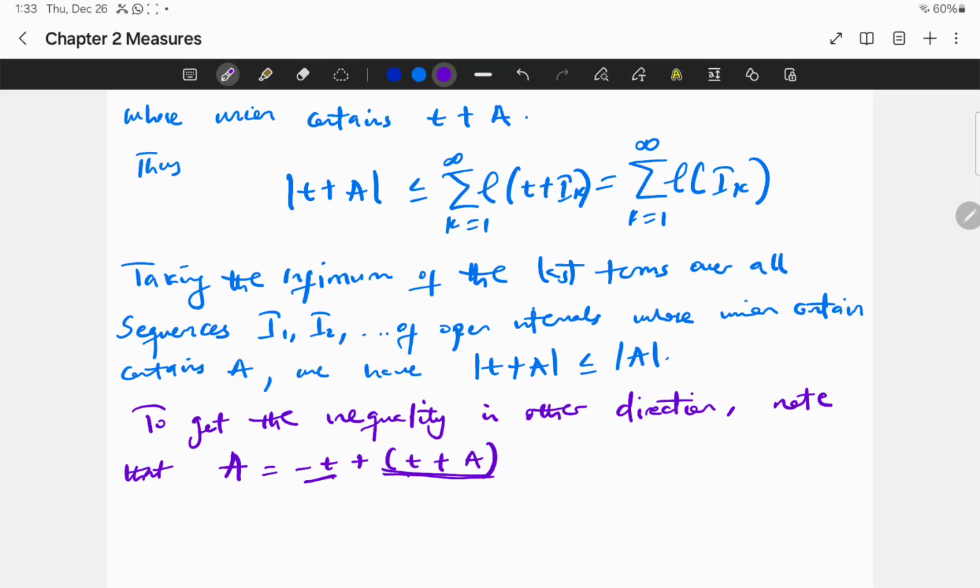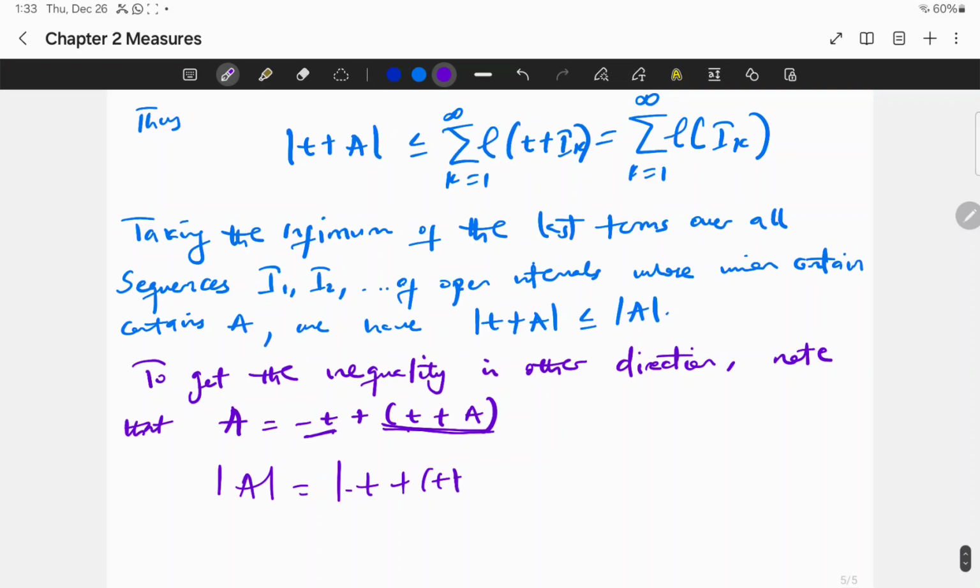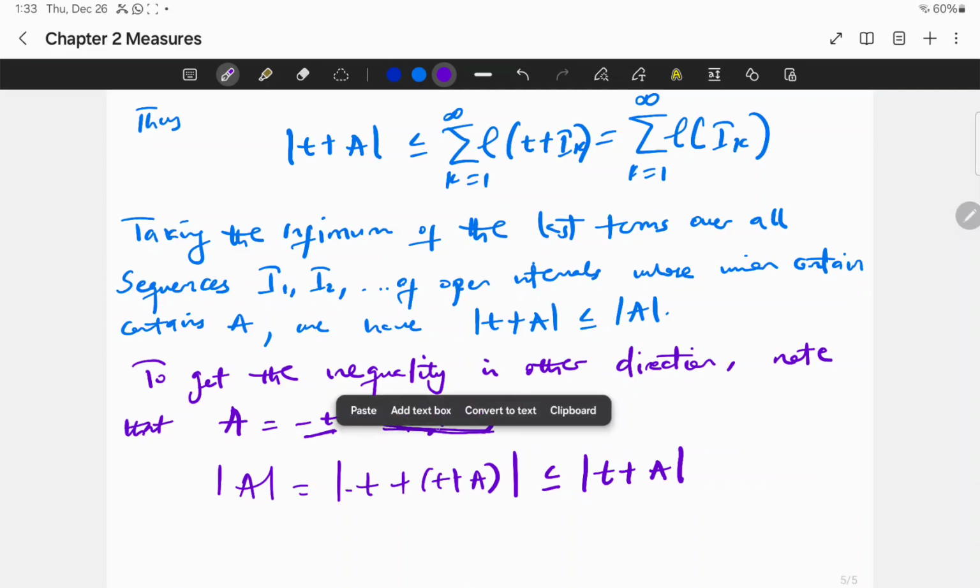Then if you follow suit from the previous step, you will see that the outer measure of A is equal to the outer measure of minus t plus t plus A, which is less than or equal to the outer measure of t plus A.